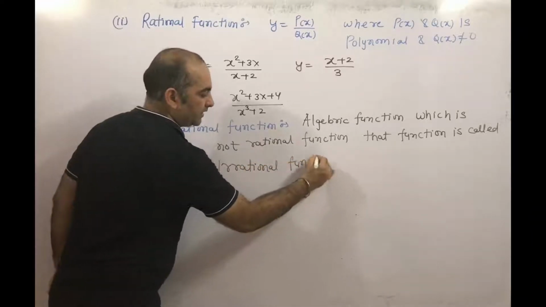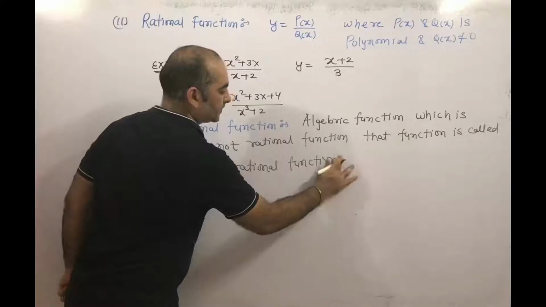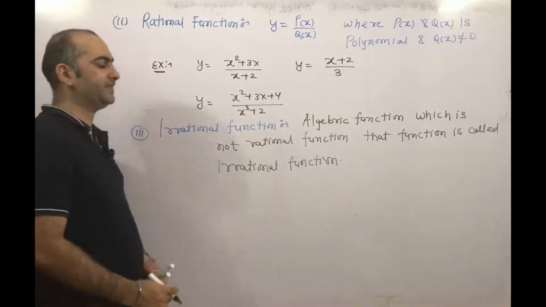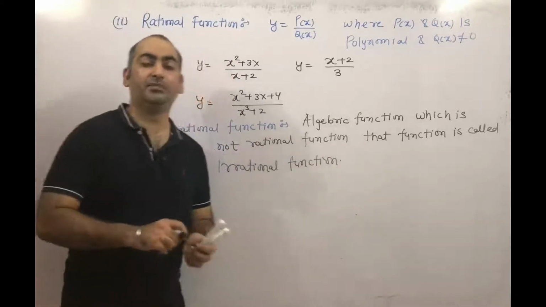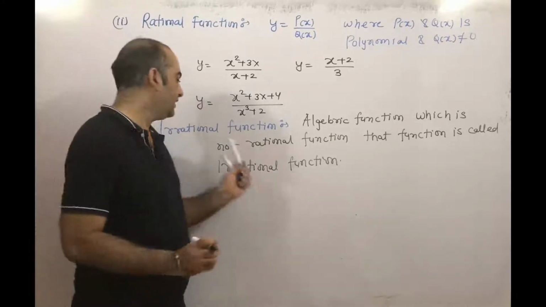Or in simple language we can say, if the variable's power is a fraction, then that function is called an irrational function.